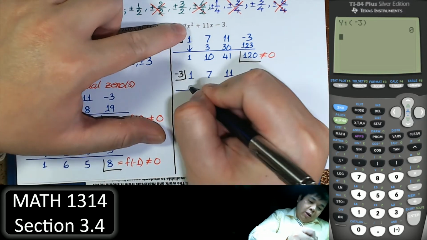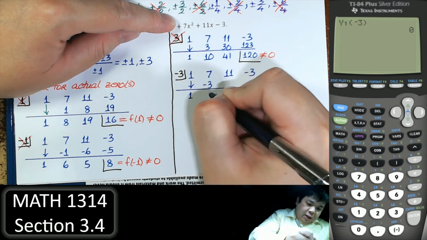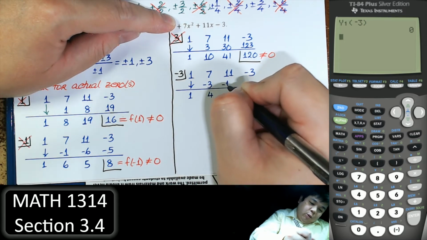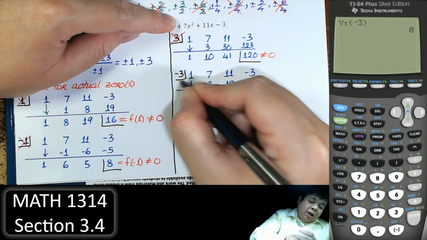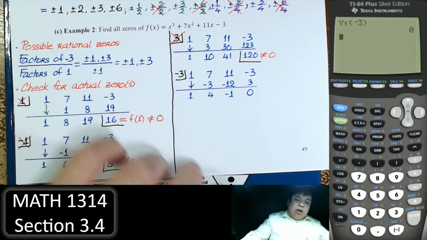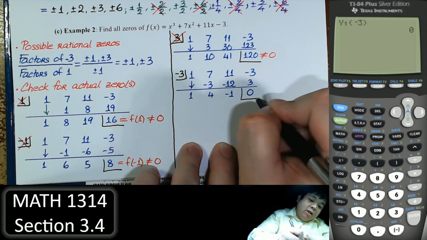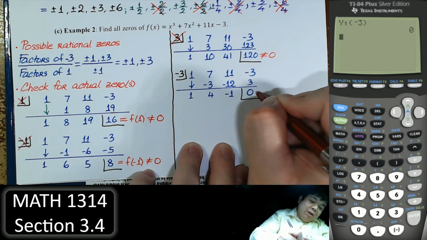Drop down 1, negative 3 times 1, gives us 4, negative 3 times 4 is negative 12, gives us negative 1. Negative 3 times negative 1 is 3, and that gives 0. As you see, we use synthetic division a lot in this section. So the remainder is equal to 0.